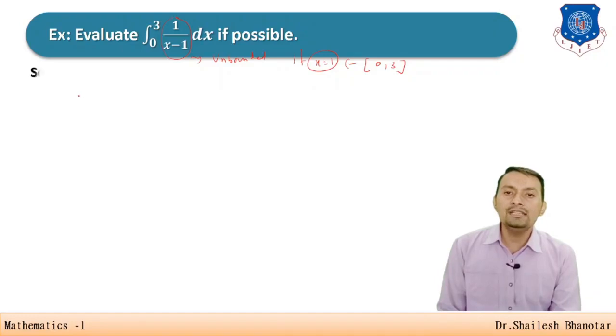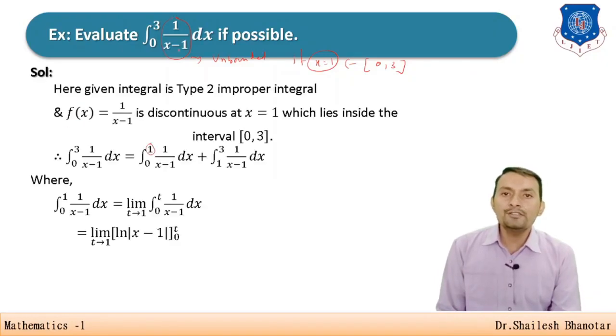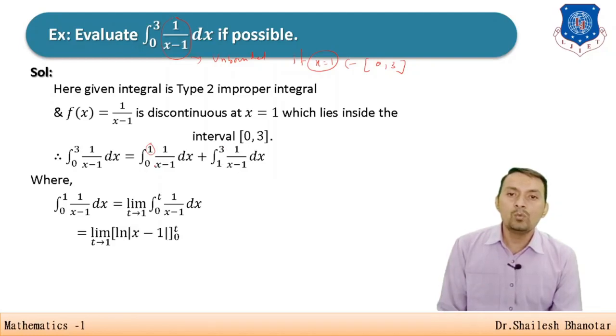Therefore this is an improper integral of type 2. Because the function is unbounded at x equal to 1, we split it into the integration from 0 to 1, and then from 1 to 3, of 1 divided by x minus 1 dx. So let us first focus on this one.